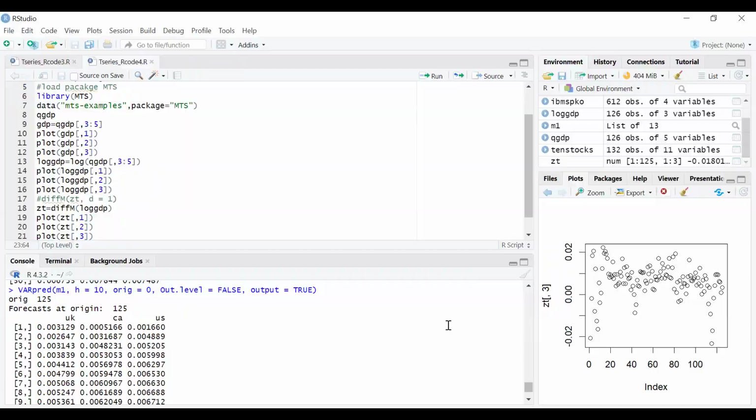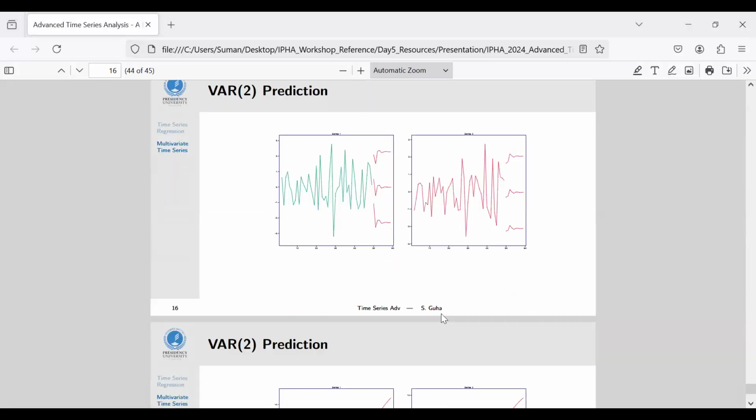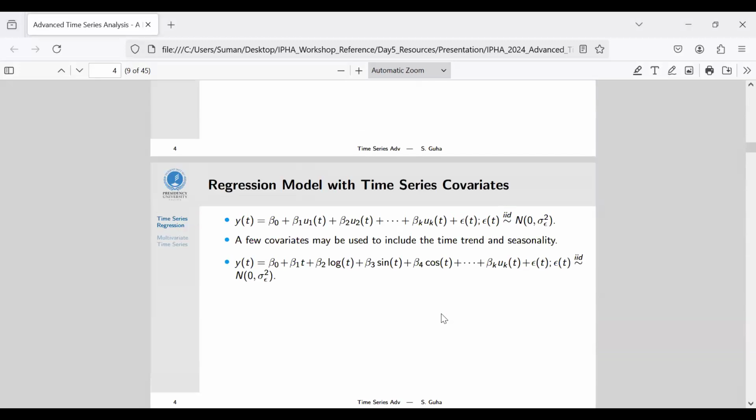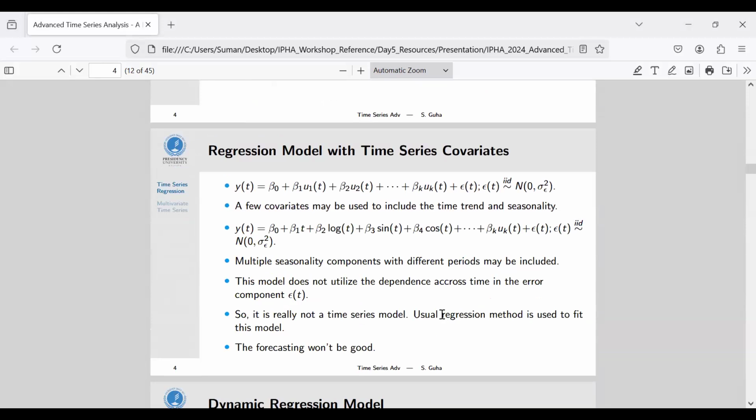So maybe I can go back here. So the shared screen is visible, right? Yes, sir. So that means you are basically considering this kind of a setup, but the only thing is that your main objective is not to do forecasting, but exploring the relationship between the variables. Yes, like that.